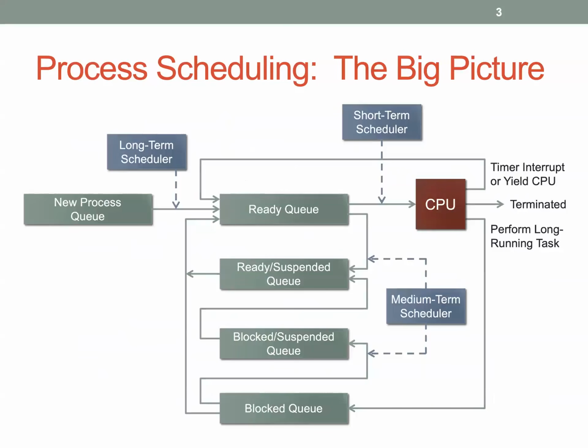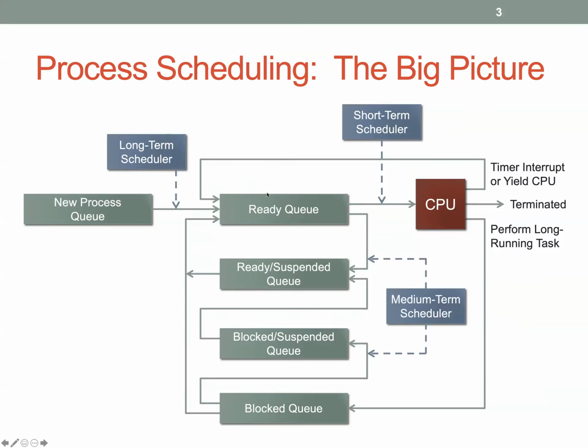So you might remember this picture, which I like a lot. I hope you like it as much as I do. I think it just very succinctly captures the whole picture of process scheduling. So we create processes. The long-term scheduler, if we had one, the user plays this role now, governs when processes are introduced into the ready state from being created, and then they eventually get the CPU.